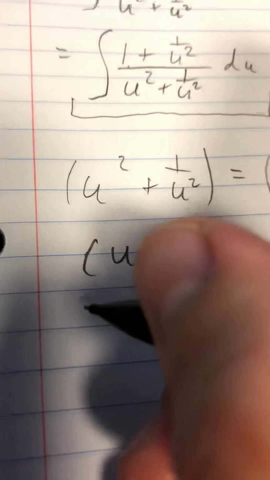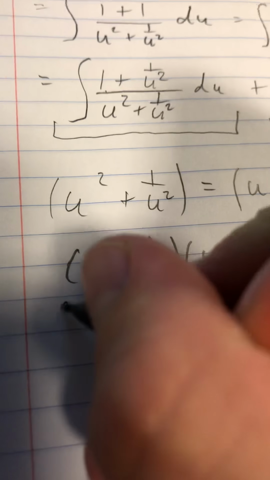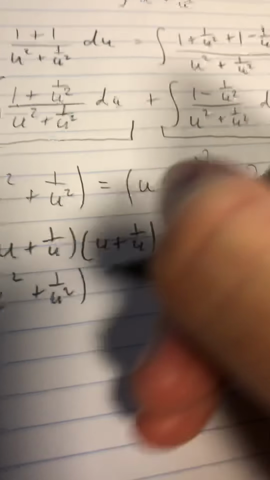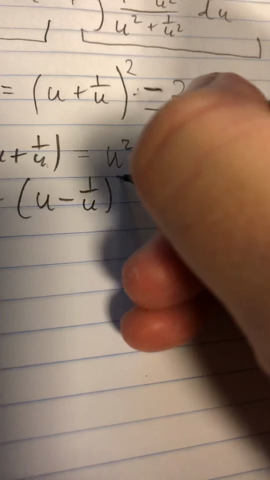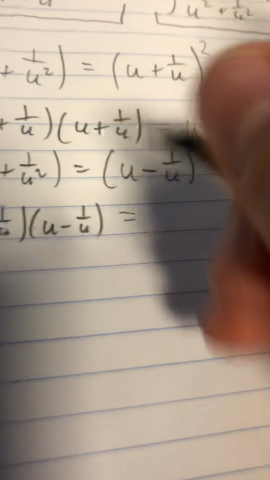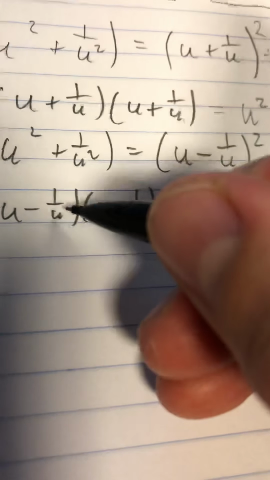On the other hand, there's another way to do this as well, because we are, after all, squaring this. I can also say that this equals u minus 1 over u squared, plus or minus something. Let's FOIL that one out. U minus 1 over u times u minus 1 over u. U times u is u squared. Negative 1 over u times u is negative 1.